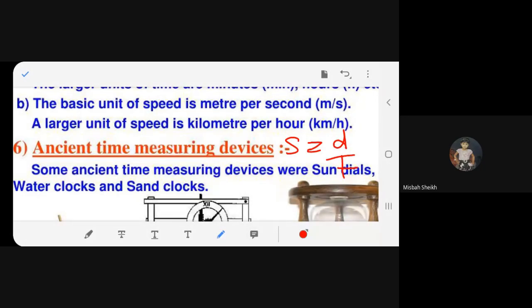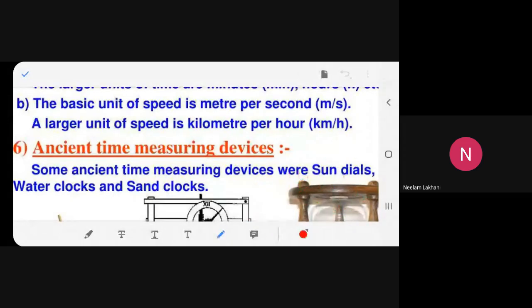I think in maths you must be doing it. It's distance upon time. What is distance, beta? It is meter or kilometer, isn't it? And what is time? Hour, minute, or second. Agree?